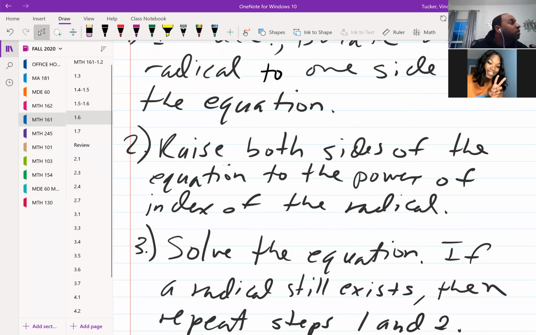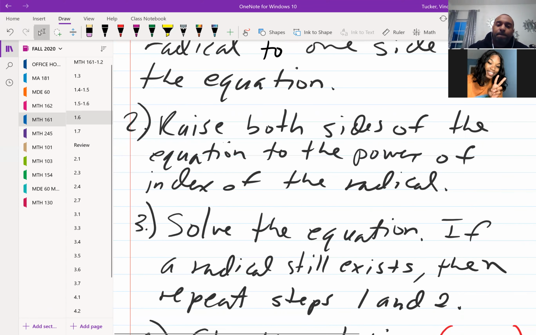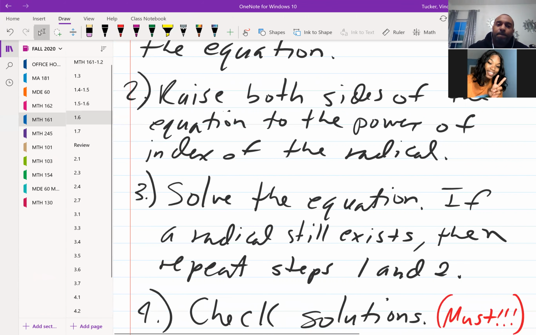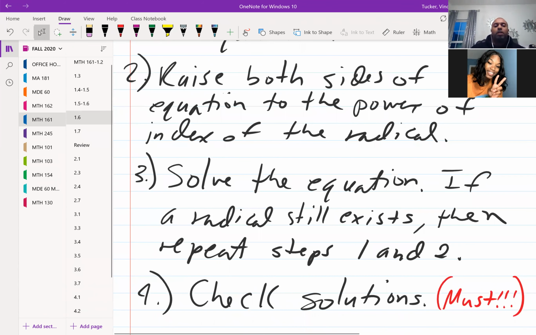Step 3, solve the equation. If a radical still exists, then we'll repeat steps 1 and 2. Then step 4 is to check your solutions.